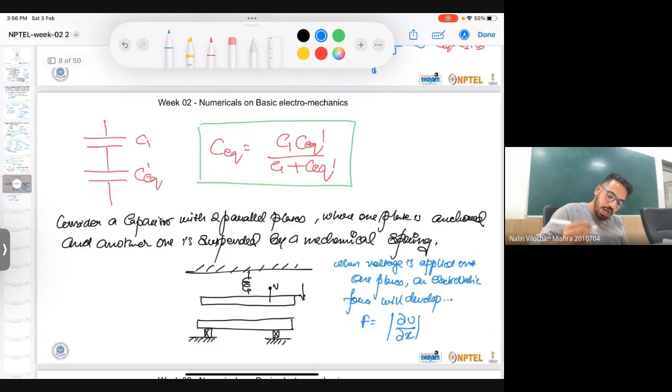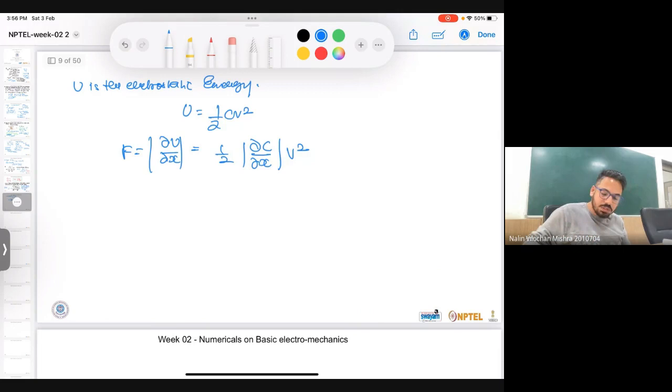Also, please note that in this capacitance, if this is x direction or the distance x, then capacitance will be a function of distance. And this distance is basically what we call d all the time. So here x is basically d.